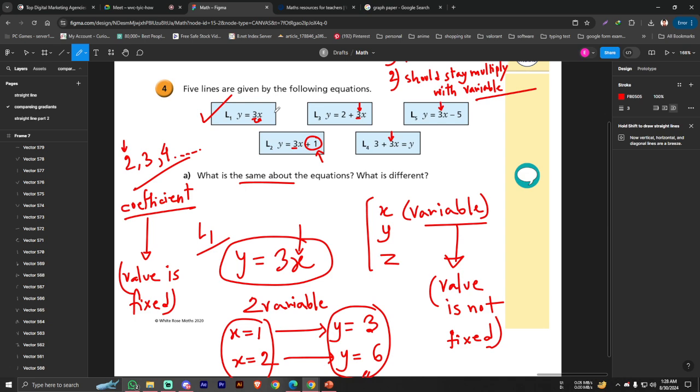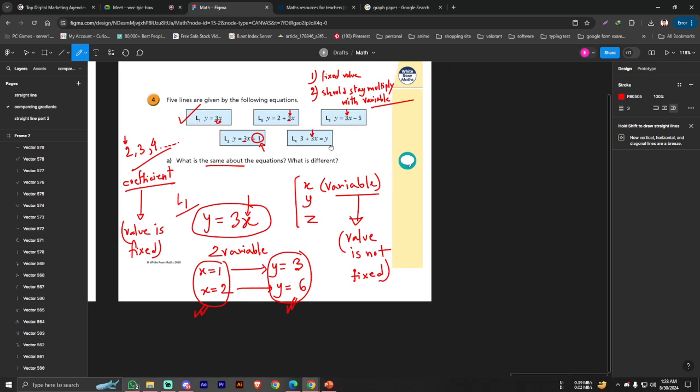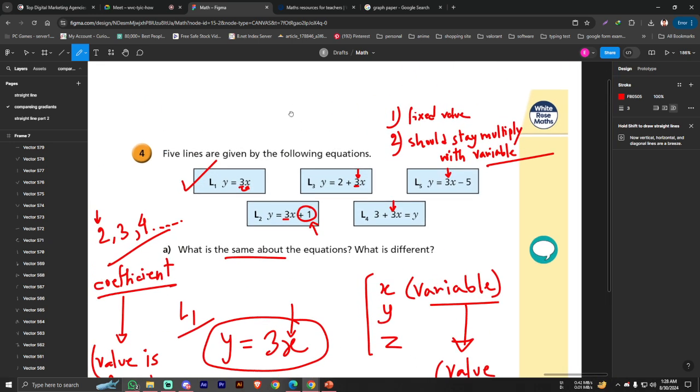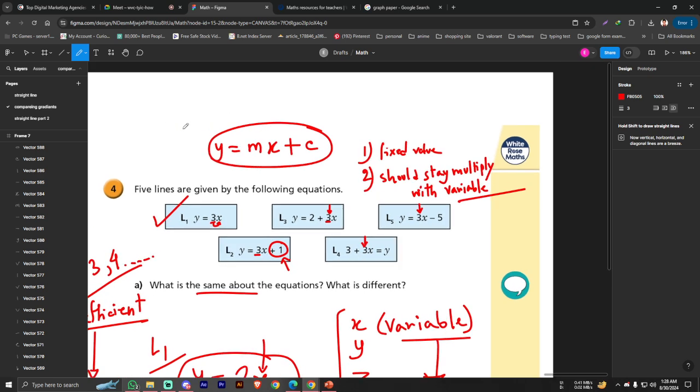Yeah, y-intercept means that if we compare the equation to y is equal to mx plus c, this is the standard equation for a straight line. Basically this is the mother equation for a straight line. So in this equation, this c here is the y-intercept.